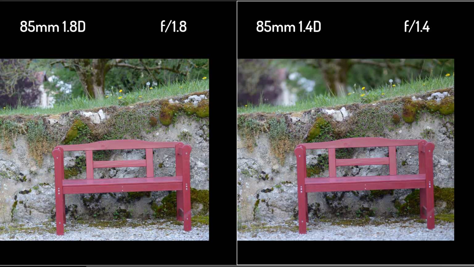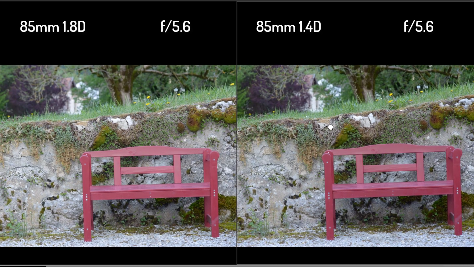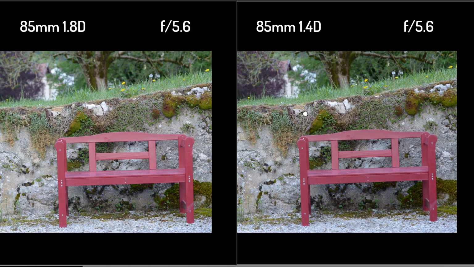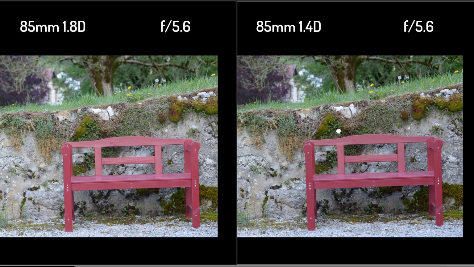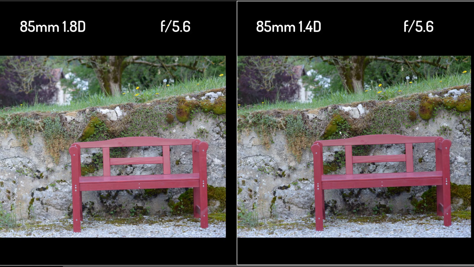So let me go up and show this picture at 5.6. Both cases look really nice. Bokeh is similar, colors are similar, and even if they're slightly different, this can be corrected in Photoshop or whatever software you use for editing.